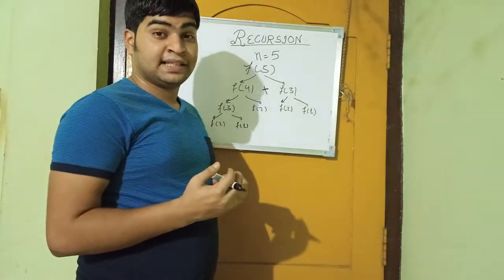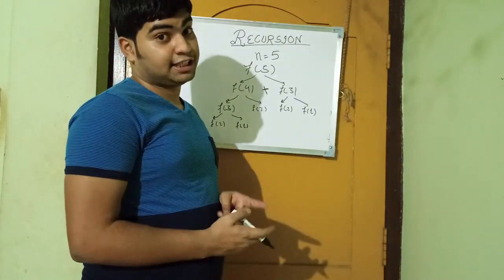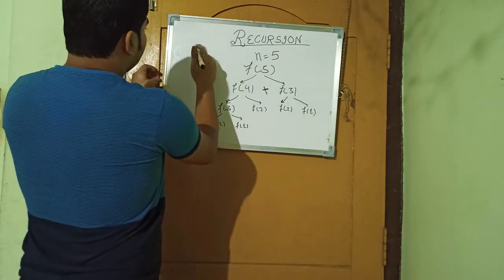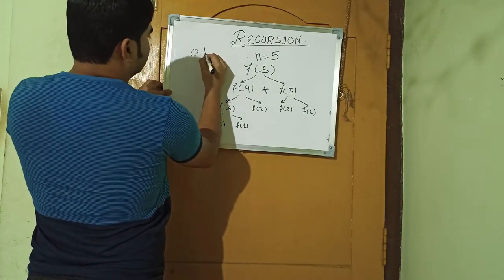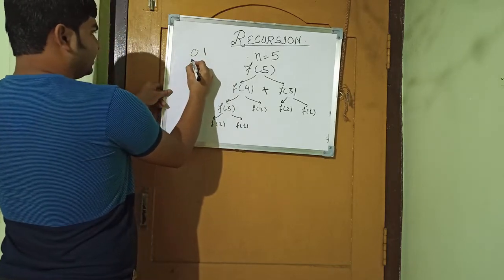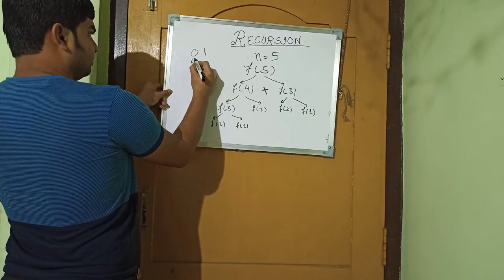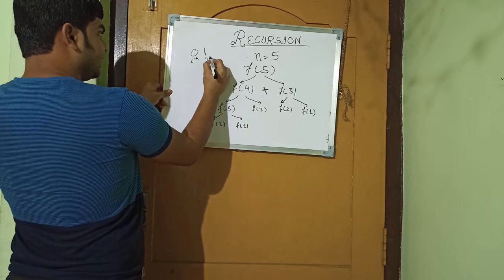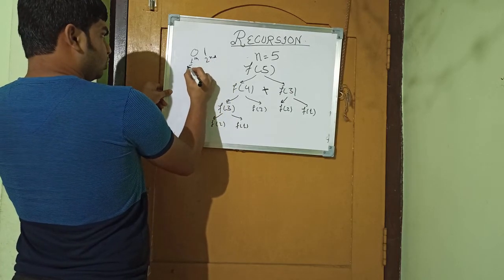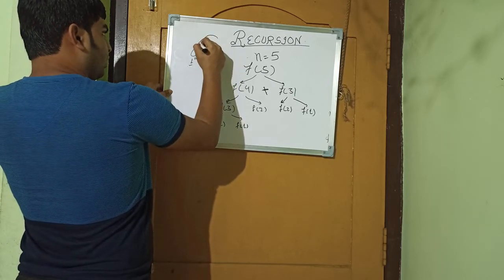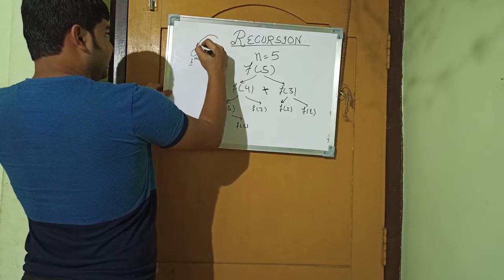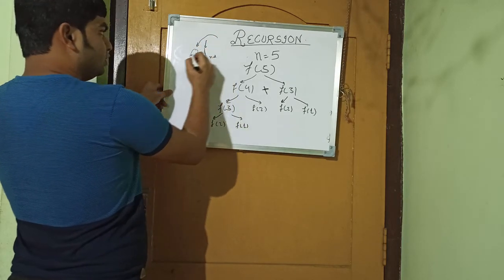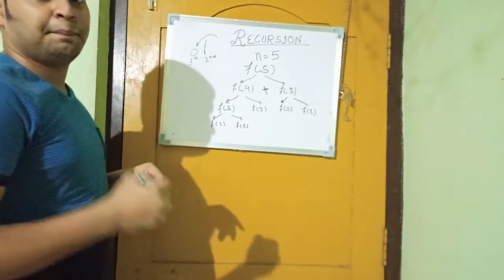So we have to think of our base case. When will the function terminate? As we have seen in our sequence 0, 1, this is the first position, this is the second position. Initially we are summing 0 and 1, so this will be our base case.